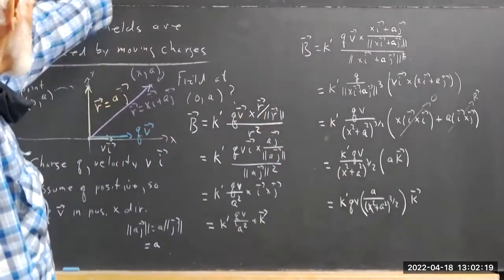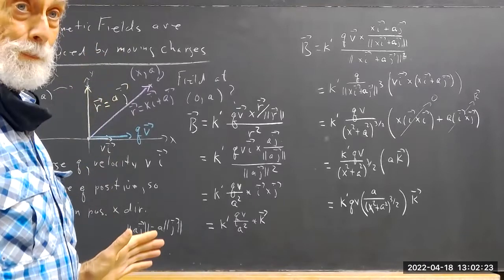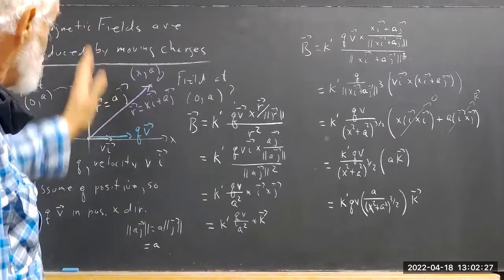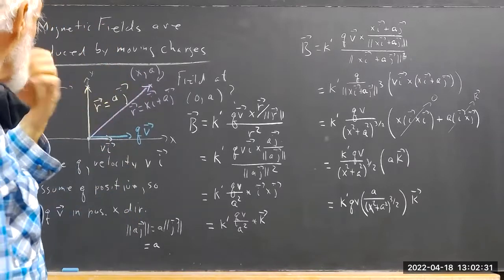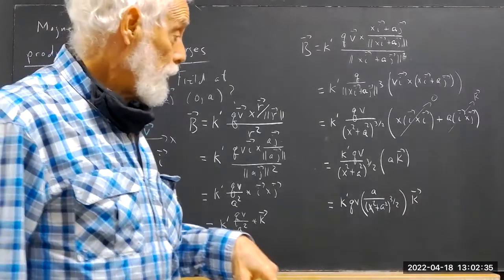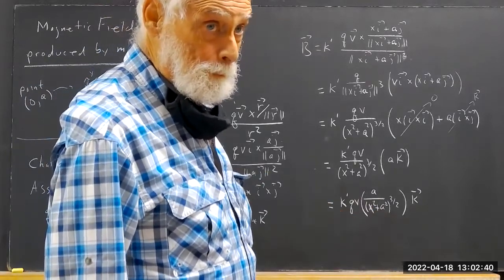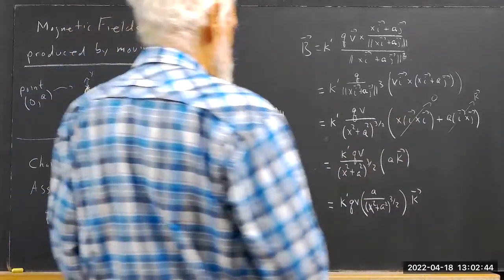Again, if you're close to the perpendicular direction here, that is, if X is much smaller than A, which means your vector here is pretty close to perpendicular. As you get out here away from perpendicular, if X is quite a bit bigger than A, then this becomes like an inverse cube almost, okay? So we'll kind of think about that, but another way of writing this.